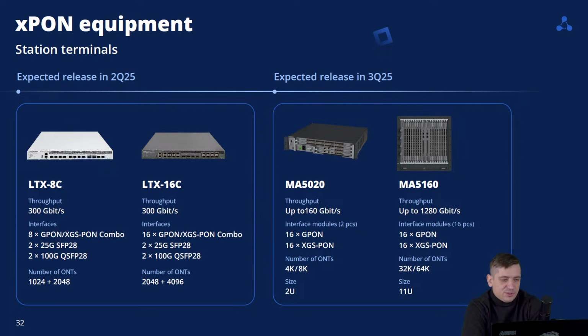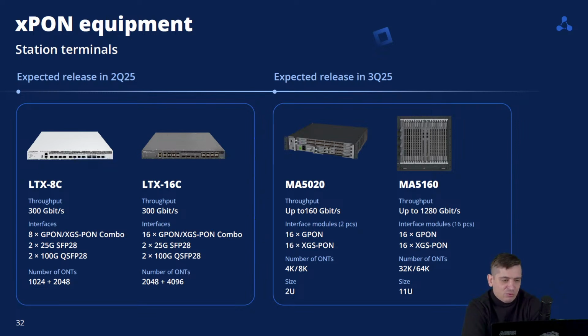Then they will have support for 25 and 100 gig interfaces, and also in terms of application, they will be deployed on simple GPON networks as well as on 10 gigabit GPON networks, so-called XGSPON.